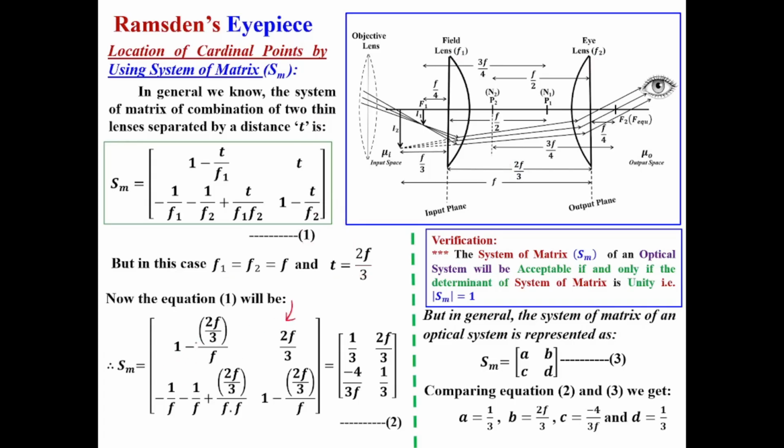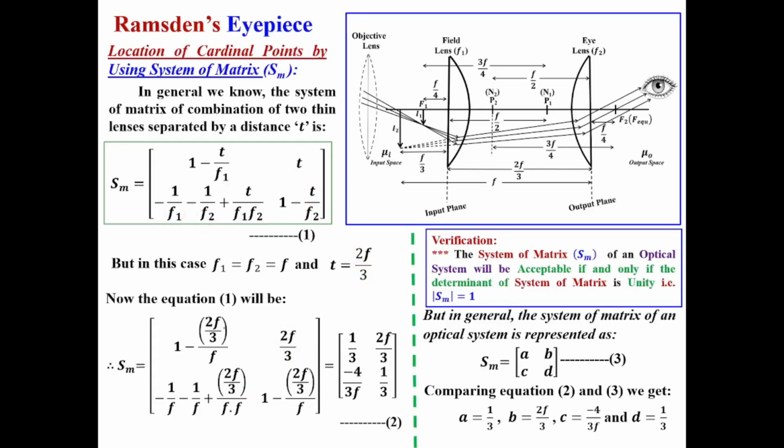Here you can see 1 minus, instead of t, 2f by 3 substituted, instead of f1 substituted as f, and here t by f2 substituted by 2f by 3 and f.